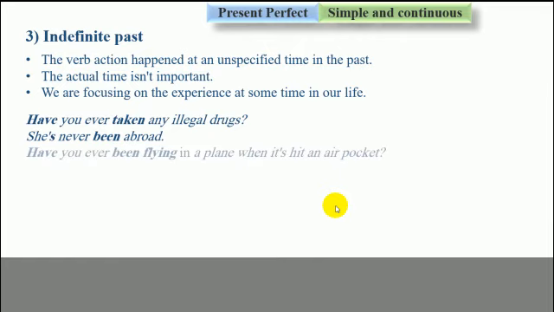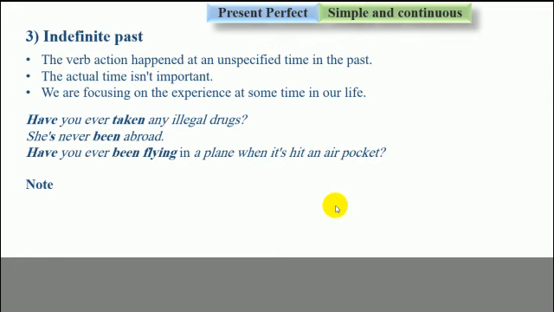Have you ever been flying in a plane when it hit an air pocket? The focus is on the air pocket itself, not about the time when he was flying before.